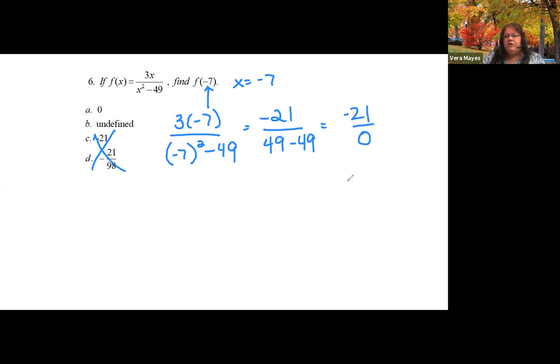You put in -21 over 0, and your calculator is going to tell you error. You cannot take a number and divide it by 0 until you get to calculus. When you get to calculus, they'll tell you a method to keep going. So for now, we're just going to say this is undefined.